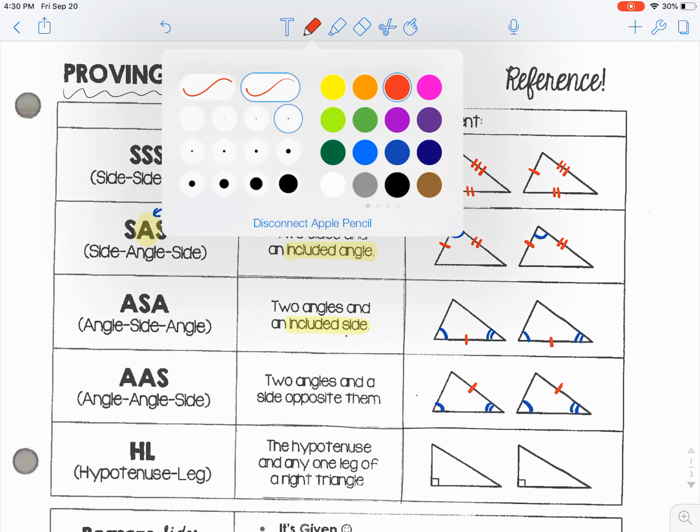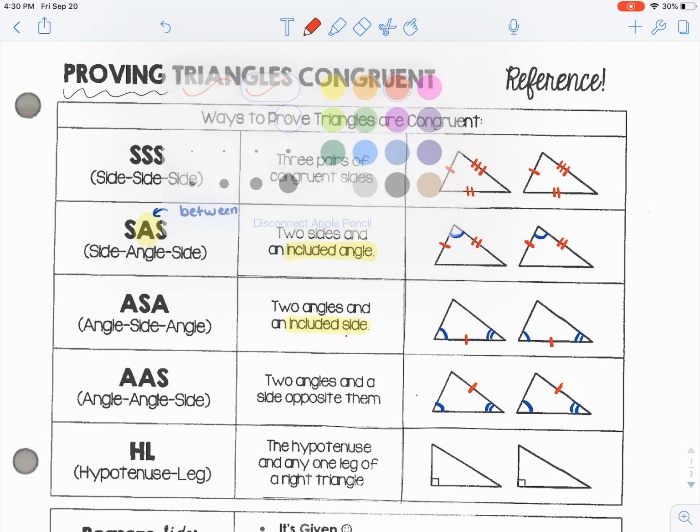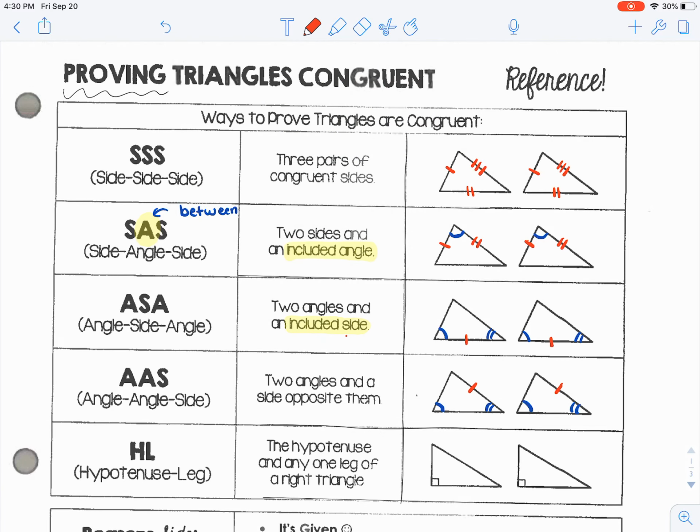So, 2 angles and a side opposite them. So, if you pick one of the angles, the side opposite to either angle would be a non-included side.